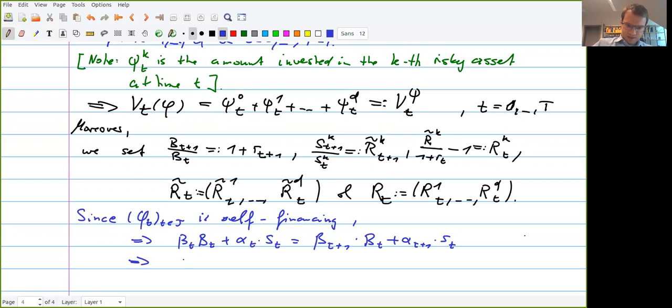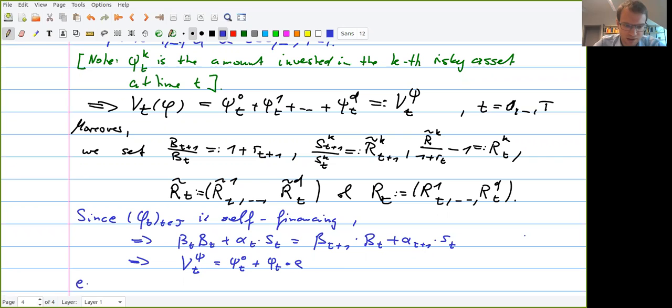This means that I use this to express here the value process at time t. So what is this? This is the amount of money I have invested in the risk-free asset plus the amount I have in the other one.